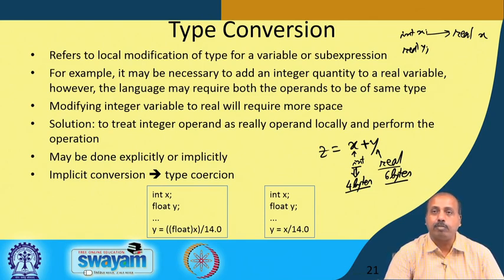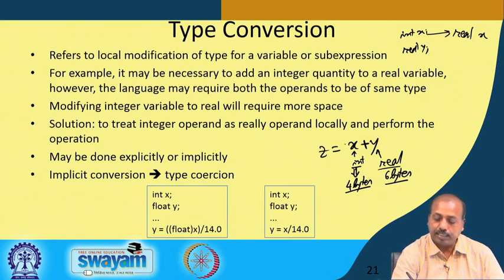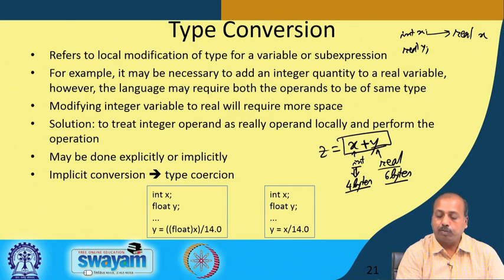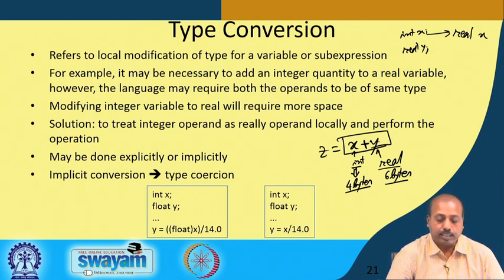Wherever this x is referred to, it will require 6 bytes, so the space required by the program will be large. So the suggestion is that since only at this point we have this addition with real, for this particular statement only we modify the type of x. This is the local changing of the type, and this may be done explicitly or implicitly.